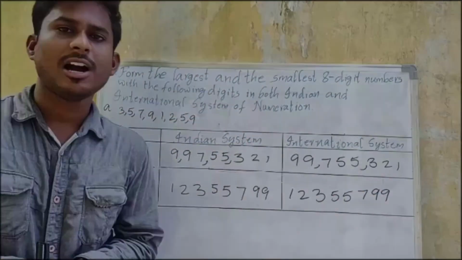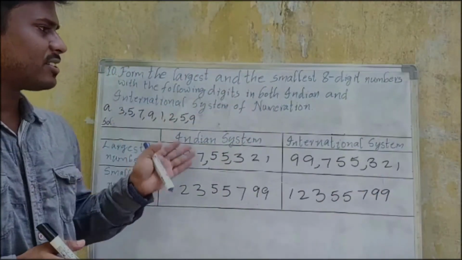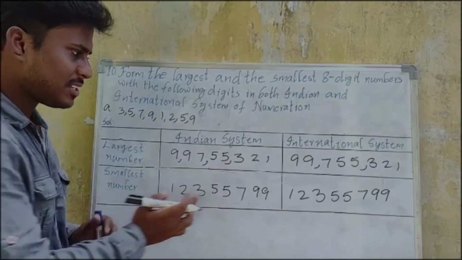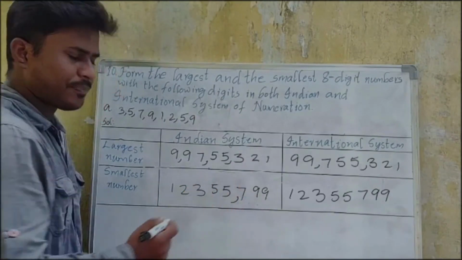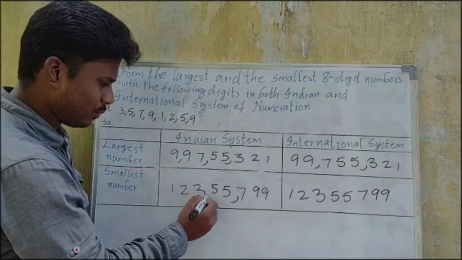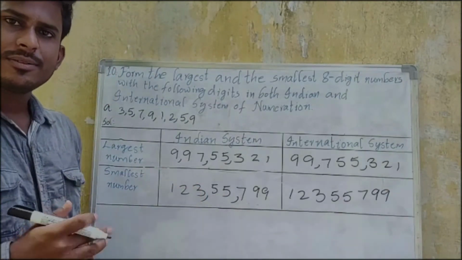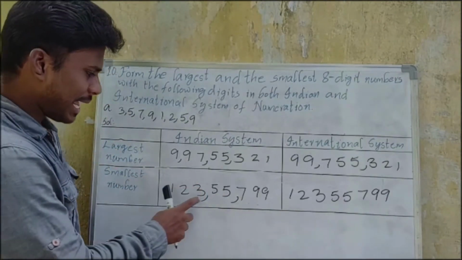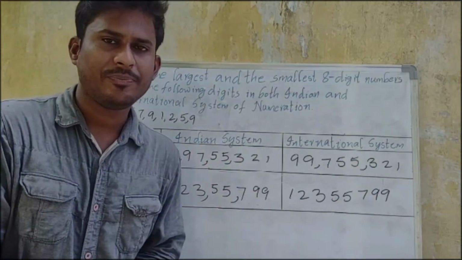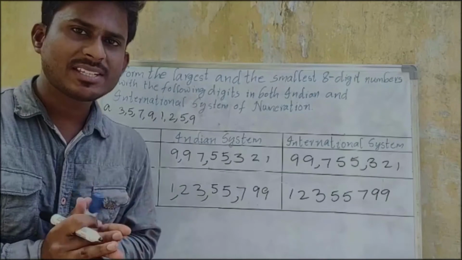Now let us insert commas according to the Indian system and the international system. In the Indian system, the first period is the ones period, 3 places, 1 2 3. Then the next period is the thousands period, 2 places. Then the next, the lakhs period, 2 places, lakhs and 10 lakhs, completed. If we go for the international system, we have 3 places in every period.